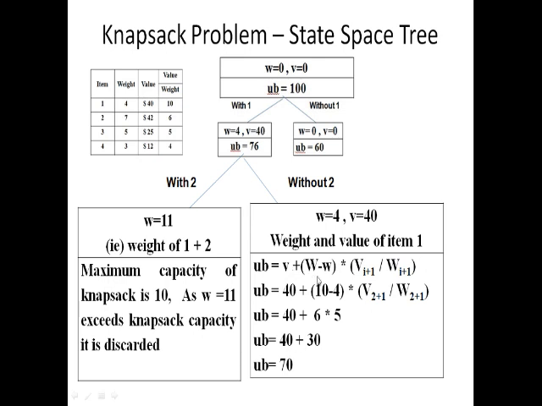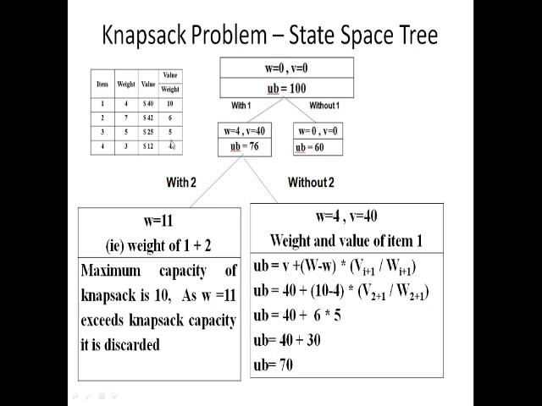v plus (W minus w) into V(i+1) by W(i+1). v is the value 40, plus capital W is 10 minus w is 4, 10 minus 4, into V(i+1) by W(i+1). i is 2, so 2 plus 1 gives V3 by W3, that is weight 3 and value 3 are divided.